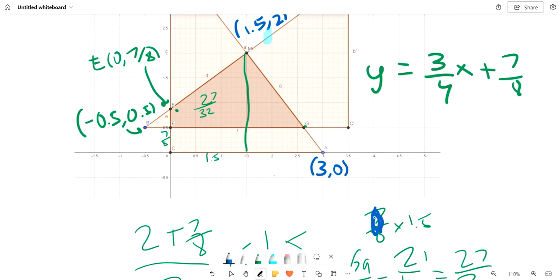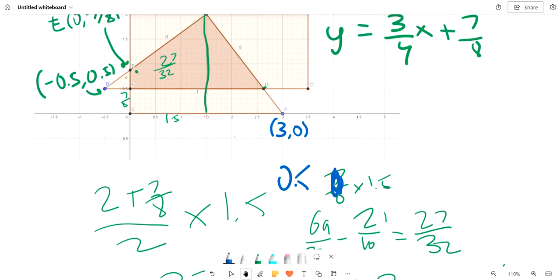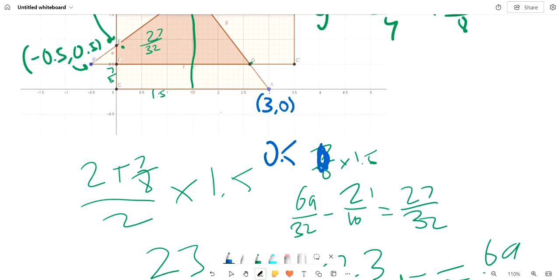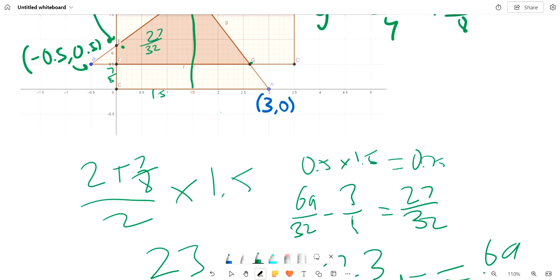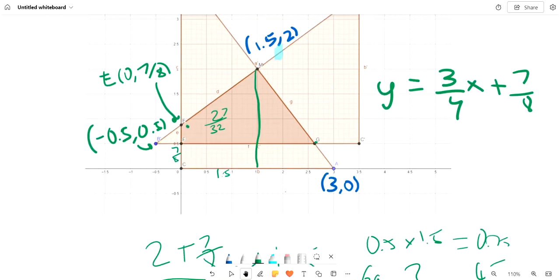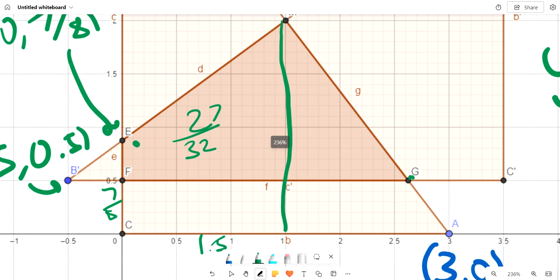This is not 7 over 8. This is 0.5. So then that means that this equals 0.75, which is 3 over 4. So 69 over 32 minus 3 over 4, 24 over 32, equals 45 over 32.